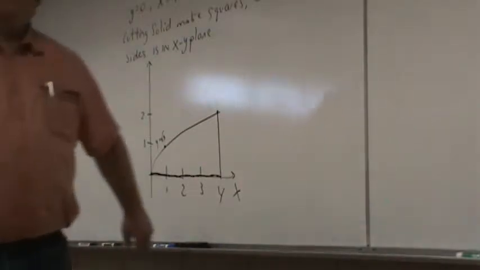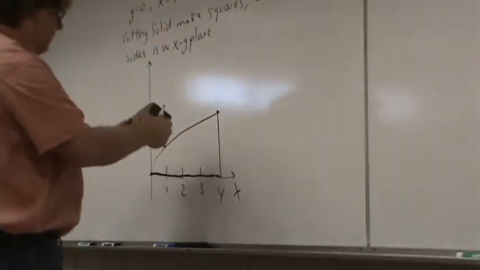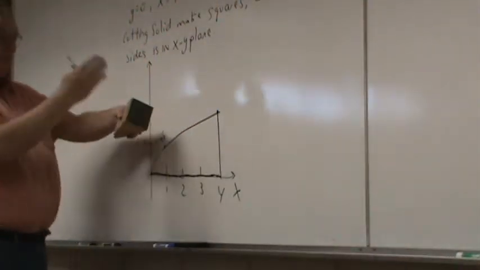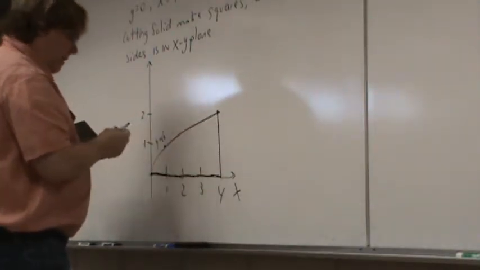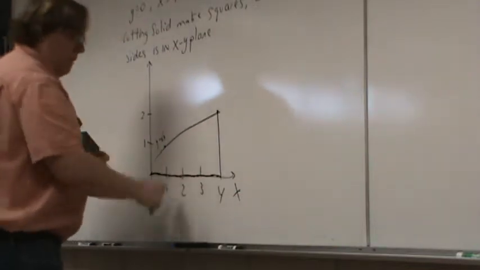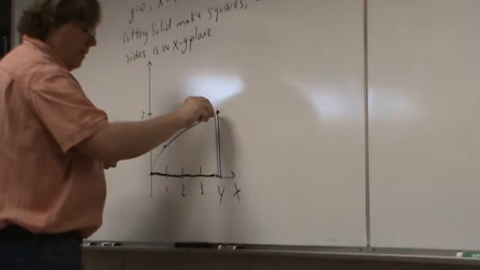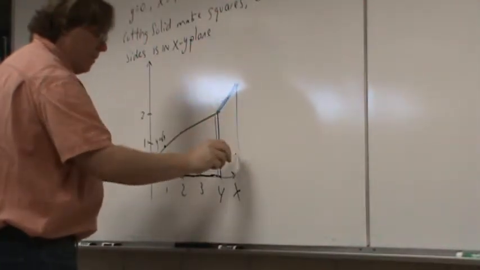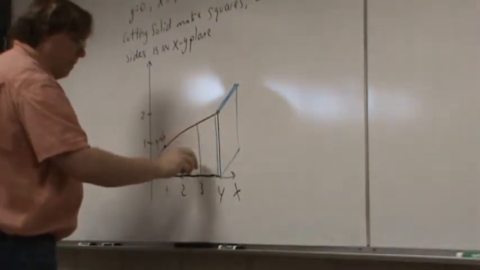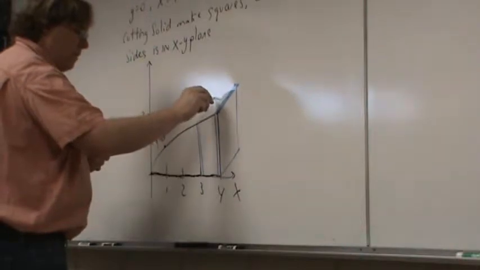Now, I'm going to cut my solid with planes, and those planes are going to cut in such a way that one side of the square is going to reside in this region. So we're going to do this sort of thing. And I'm going to make several representative squares.